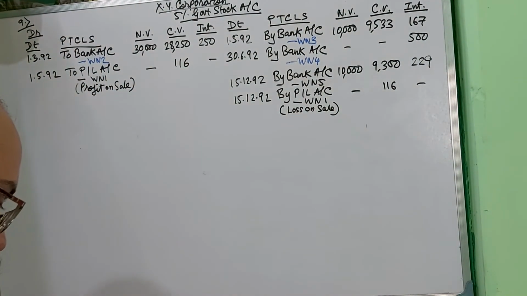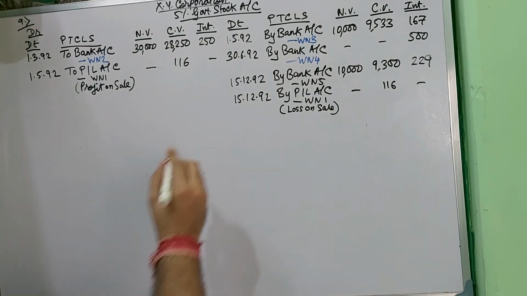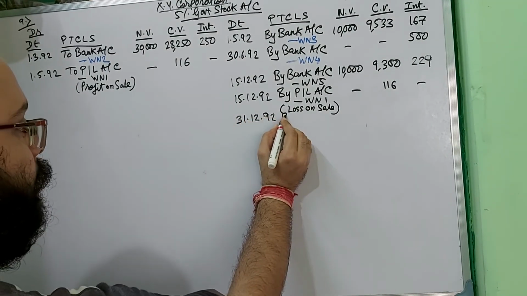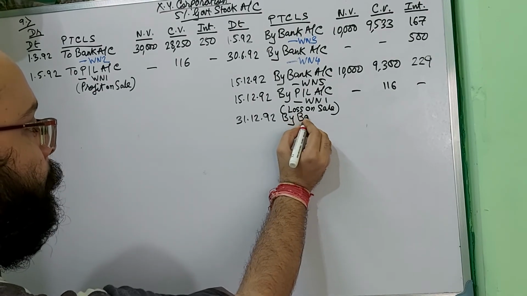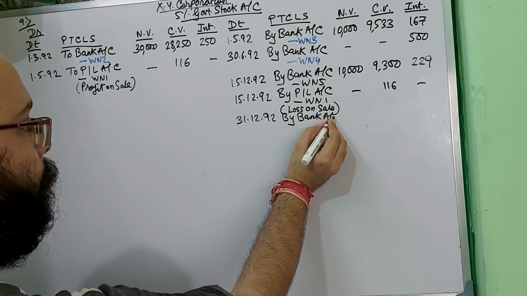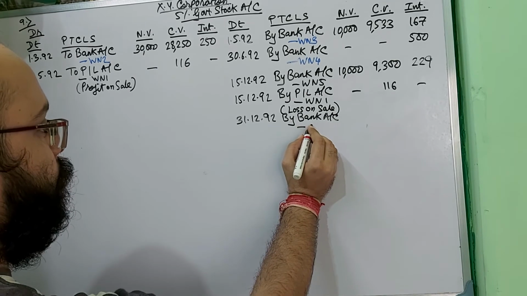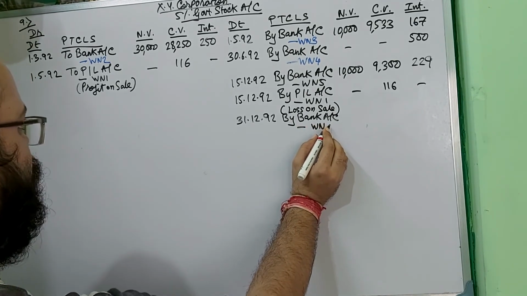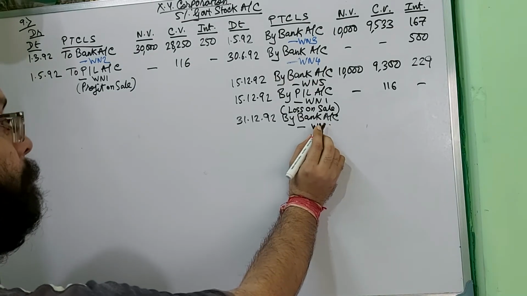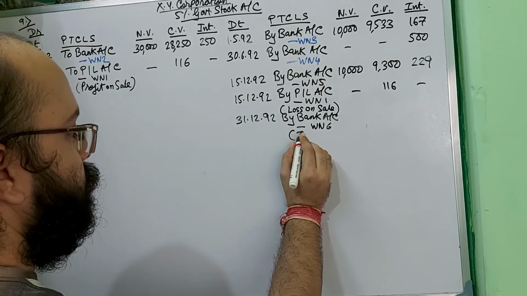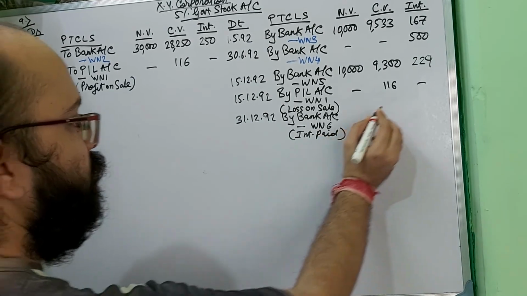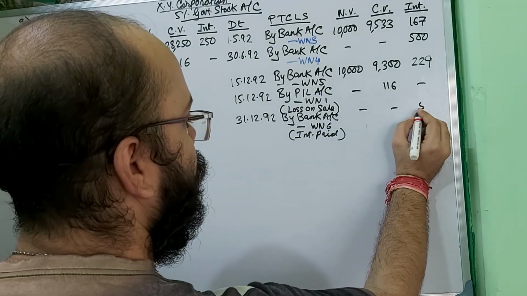We have computed the interest on 31st December by bank account, working note 6, interest paid, which is 500.